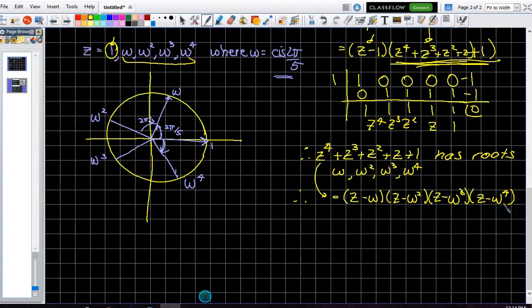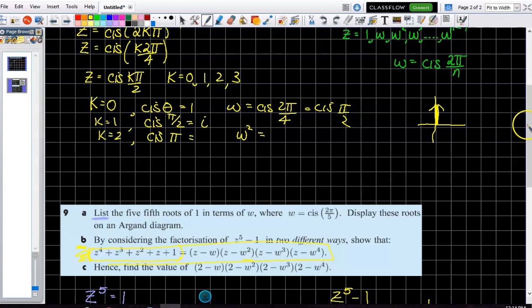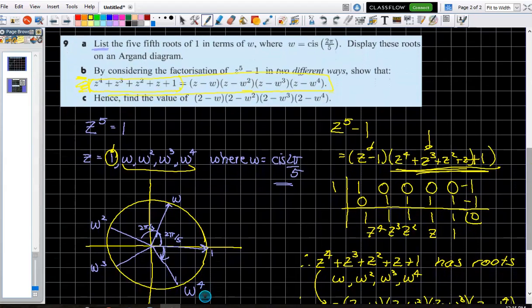Making sense? So maybe you should write a little bit of an explanation as you go along. That's not too bad. Okay, last bit. Hence, how is this connected with this? Right, they're saying here, just sub in z equals 2 and see what you get.